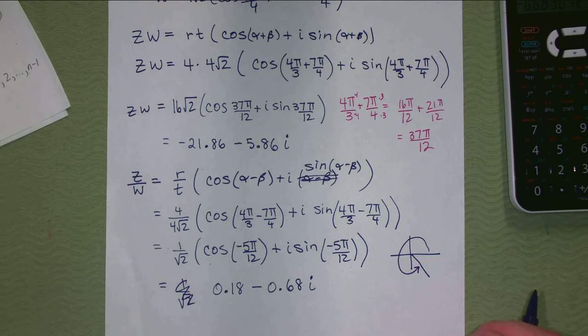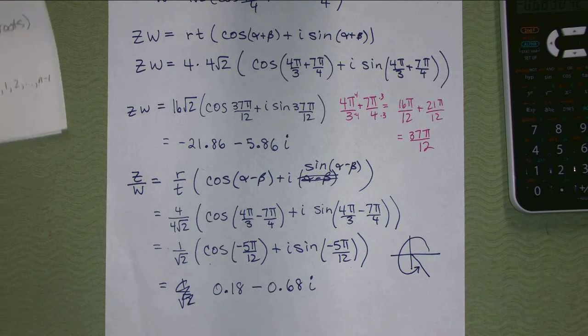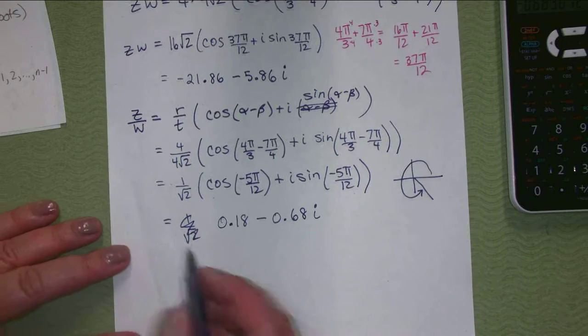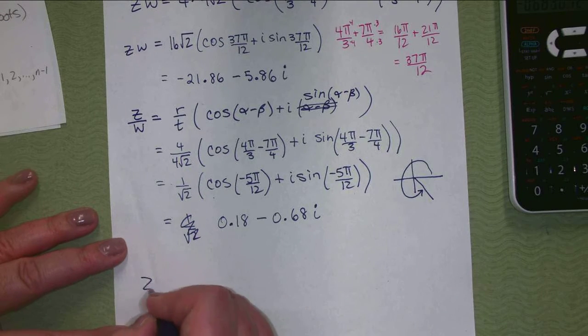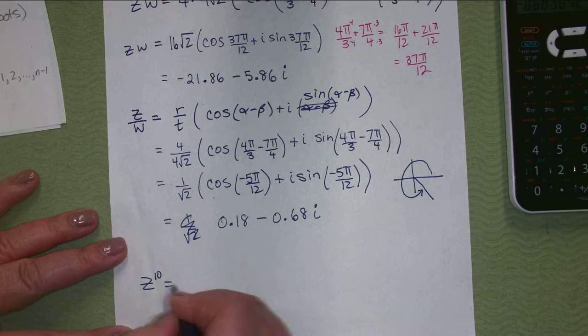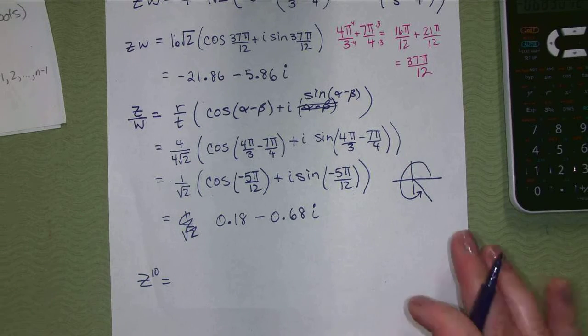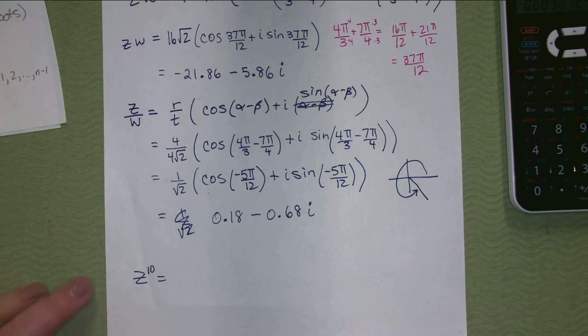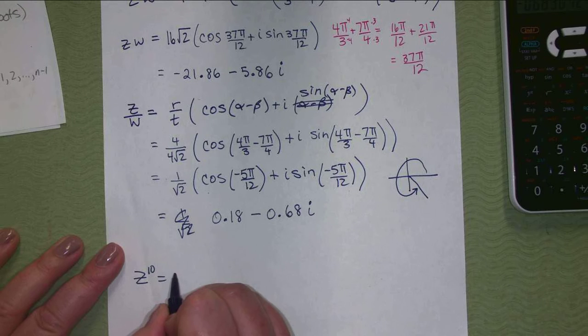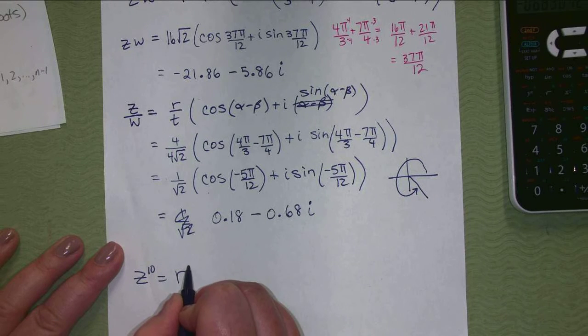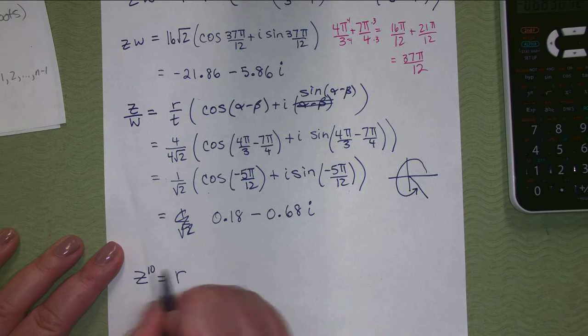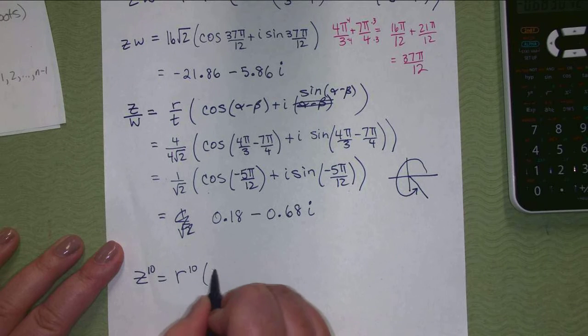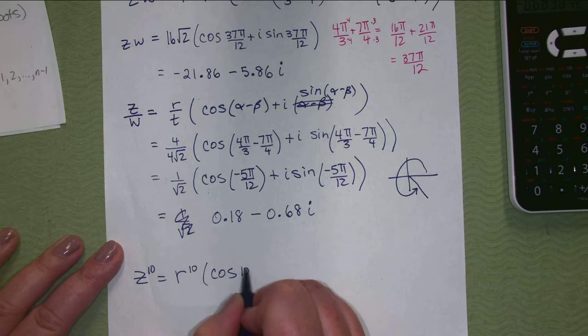All right, what about z to the 10th power? So the rule for this was r to the 10 cos 10 times whatever your theta is plus i sine 10 theta.